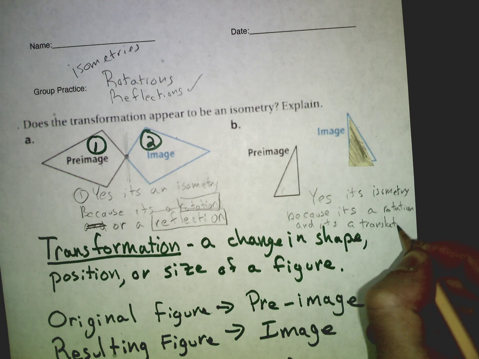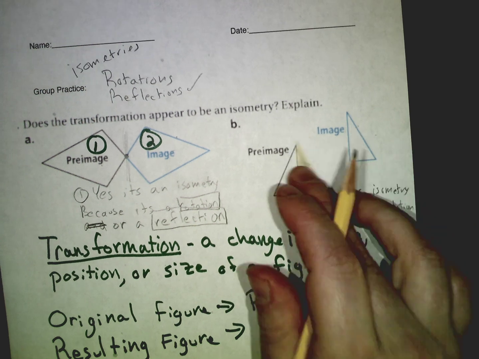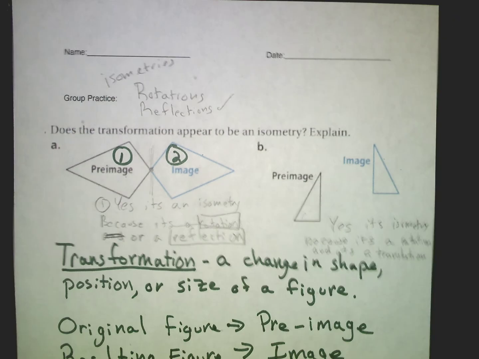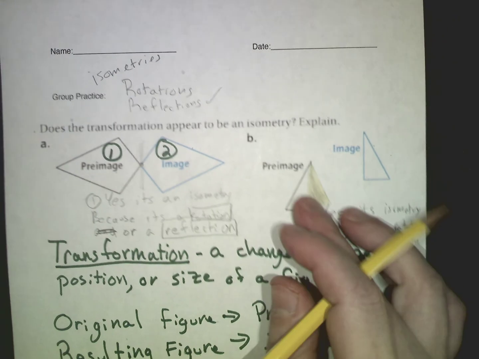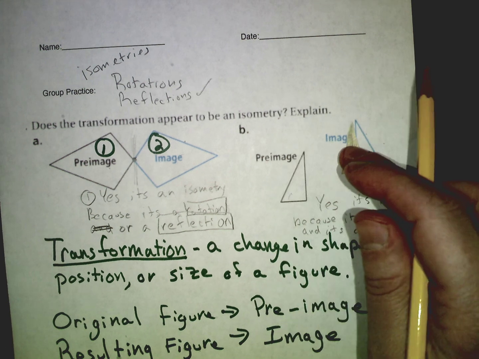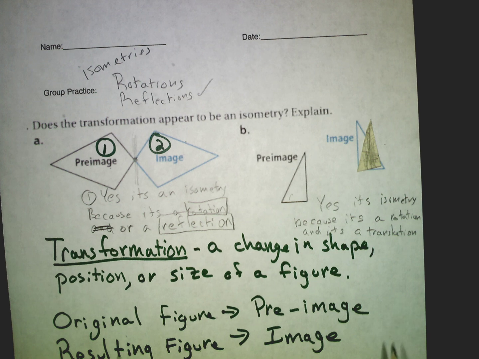So we take the same image and we move it up to the right. You can move it anywhere, but we can't just say it's a translation, because if I just moved it up and to the right, I got here, they wouldn't match up, see? I have to flip it.